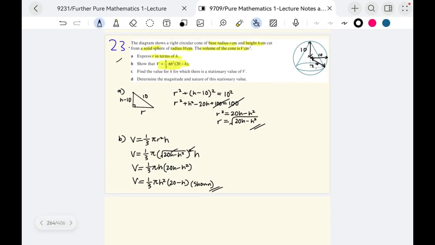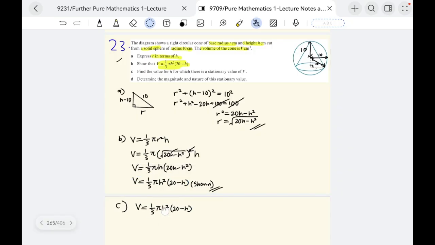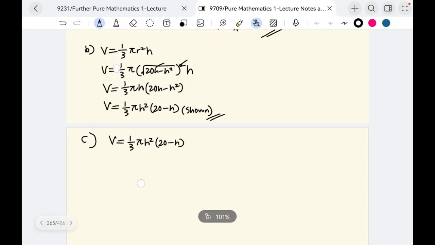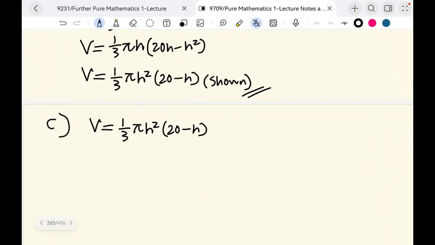Okay, C. Find the value of H for which there is a stationary value of V. As with the previous questions, differentiate the equation of V in terms of H. Expand it back to be differentiated easily.